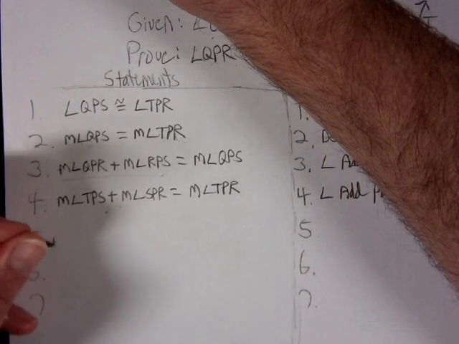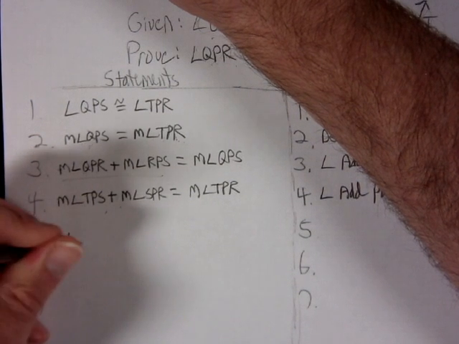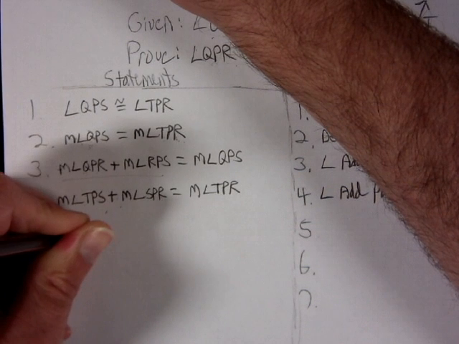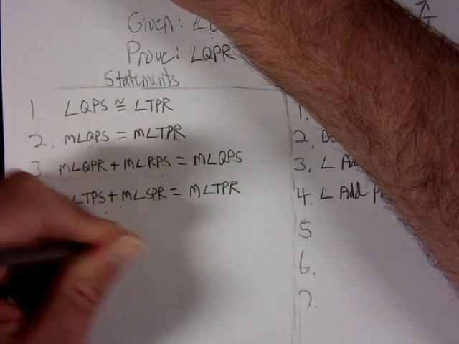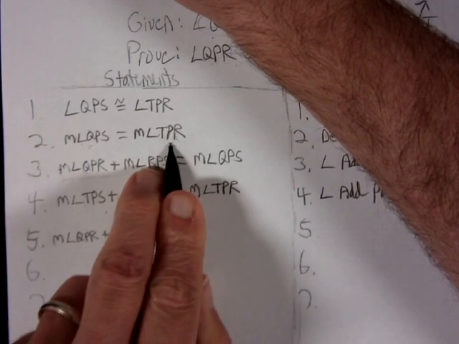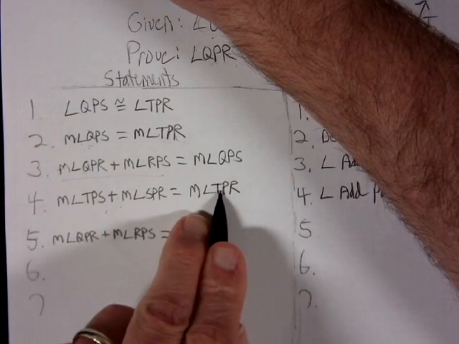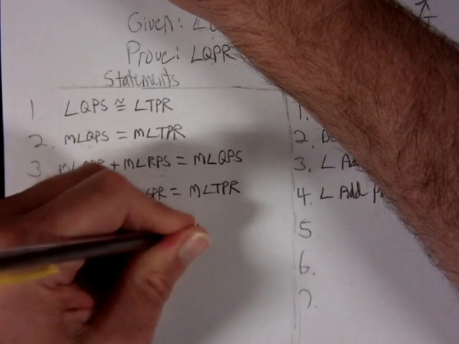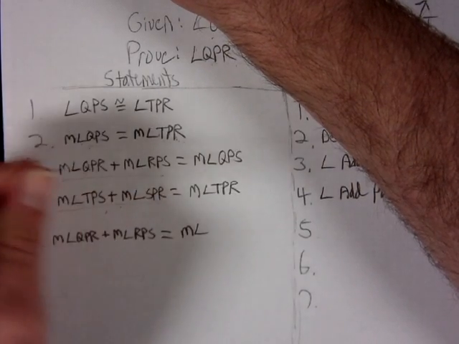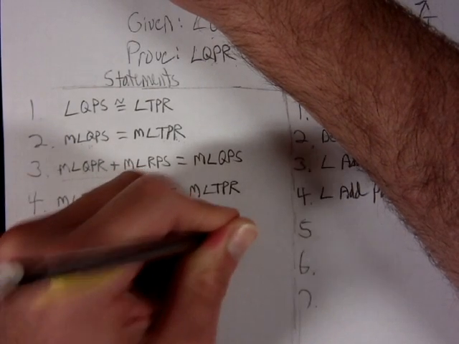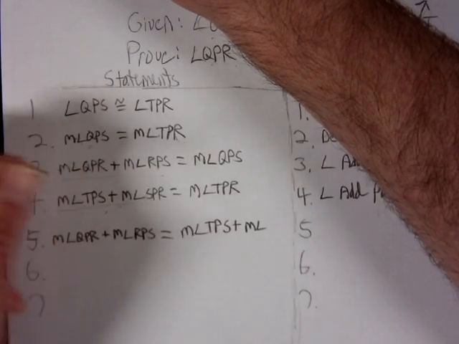So I've got the measure of angle QPR plus the measure of angle RPS equals, now I'm going to take TPR out and put what it's equal to in its place, which is this. Measure of angle TPS plus the measure of angle SPR.